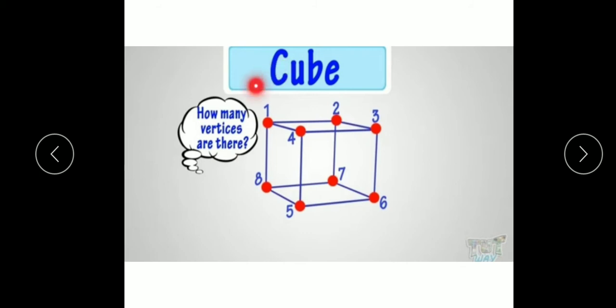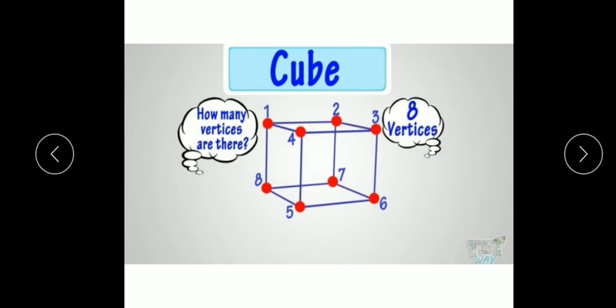See children, 1, 2, 3, 4, 5, 6, 7, 8. So these are 8 vertices. How many vertices? 8. Yes, in a cube there are 8 vertices.